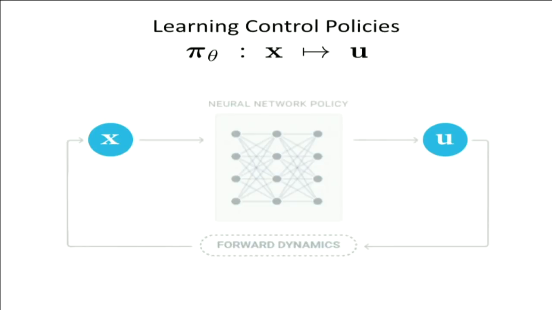I think this should be pretty fresh, because Sergey talked about it just last Wednesday, learning control policies by posing that as imitation of optimal control. And we're going to have the same approach here, but we're going to see how direct collocation methods come into play with a similar approach.